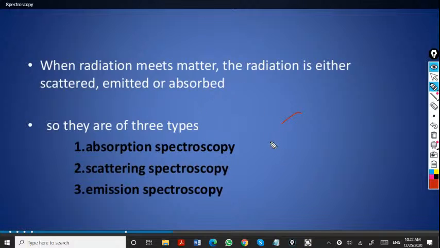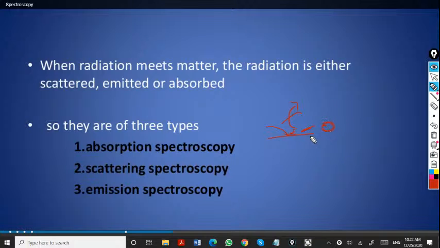So what happens when the material absorbs light? There may be molecules. In those molecules, there may be electrons, or there may be bonds that may vibrate, or the molecule itself can rotate.